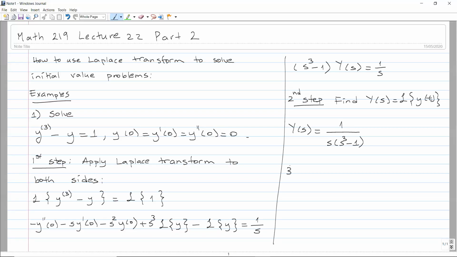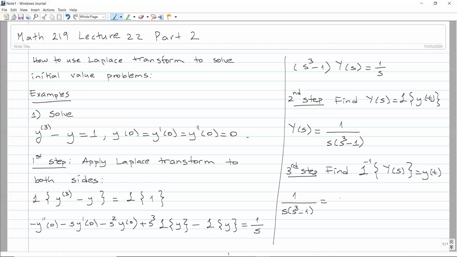And now the third step, find the inverse Laplace transform of capital Y, which is going to be our function. Now, capital Y is a rational function. So first, we factor out the denominator.